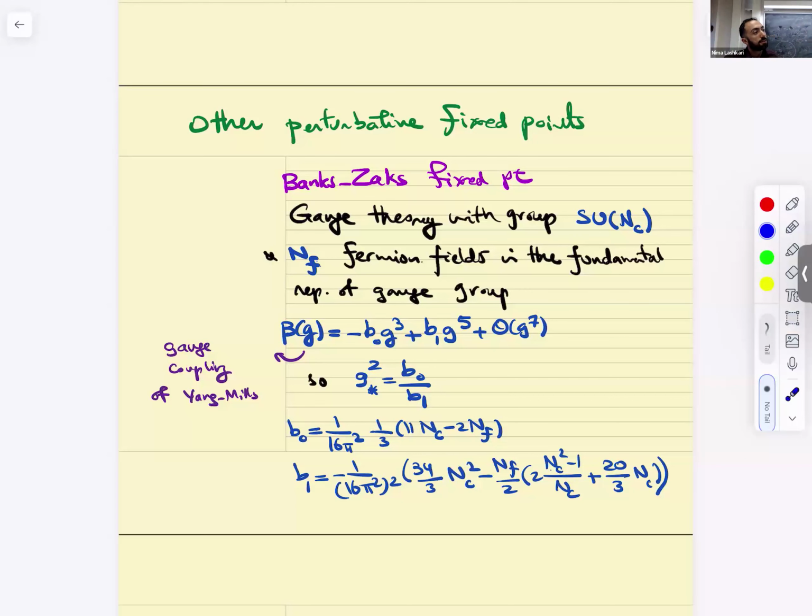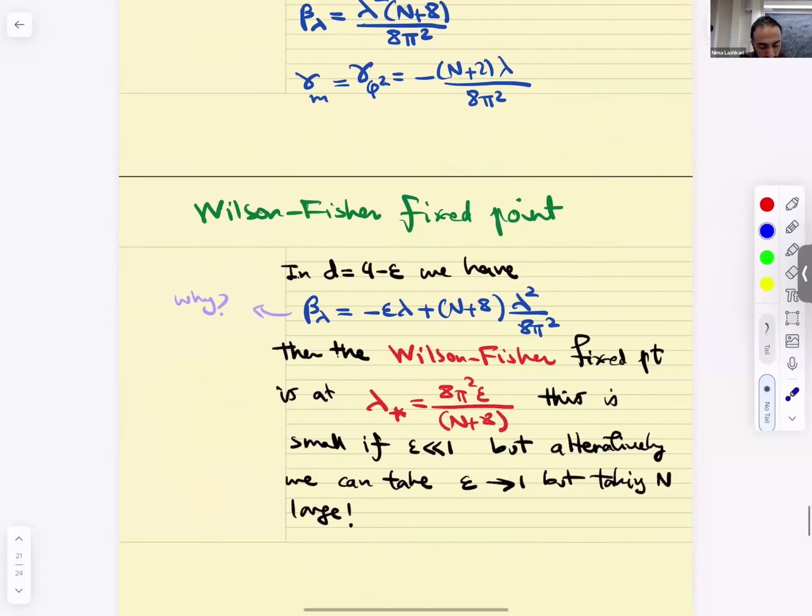Like, for example, over here, for the beta functions, I see that they change sign and that's how we get this one. In the beta function, there's a negative term and a positive term. You're saying that if you go to higher orders in lambda, for the O(N) model, yes.